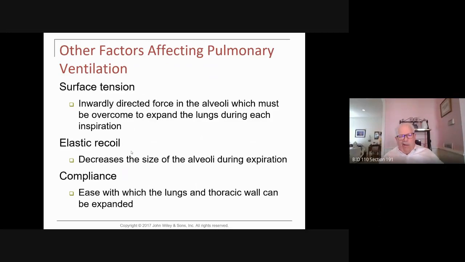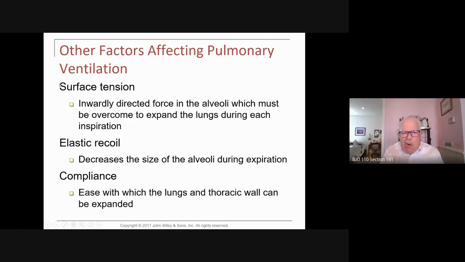There are a lot of factors that affect pulmonary ventilation. Surface tension. Surface tension is the direct force on the alveoli, which must be overcome to expand the lungs during inspiration. This is why you have the protein surfactant produced by alveolar type 2 cells.